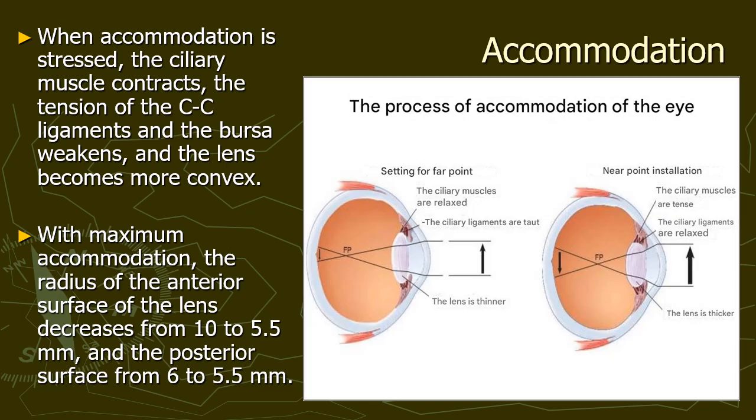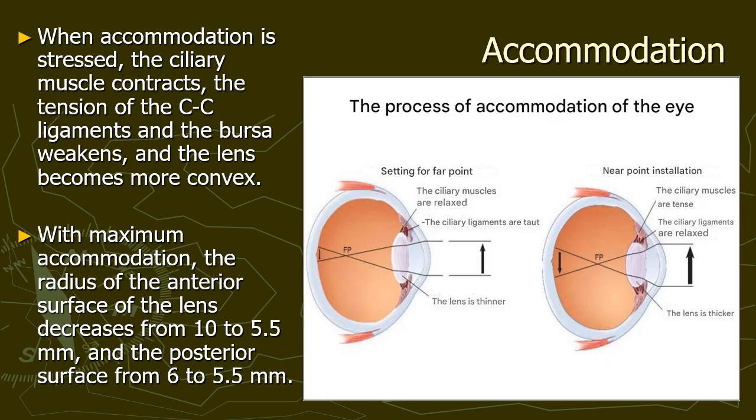So, in this case, the ciliary muscle is relaxed and the ciliary ligaments are stretched. Due to this, the lens has a flatter shape, and the radii of curvature of its surfaces in this case correspond to 10 mm and 6 mm.